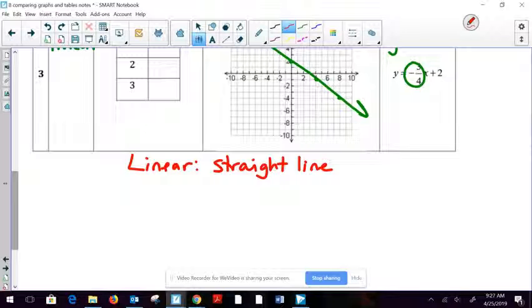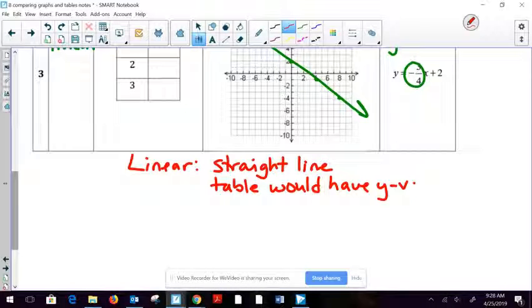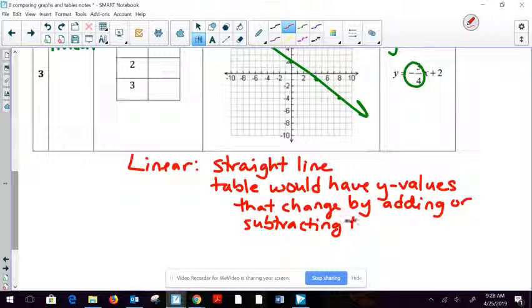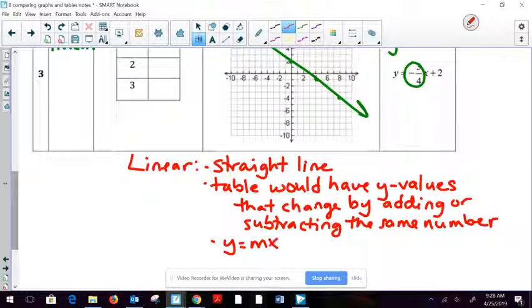If you're looking at the table, it would have y values that change by adding or subtracting the same number. And finally, your equation would be in the form of y equals mx plus b.